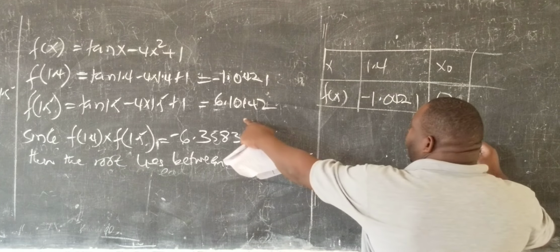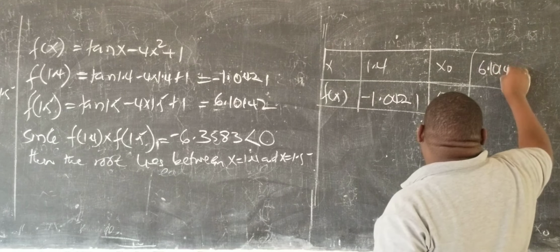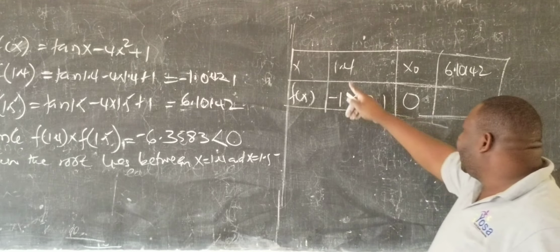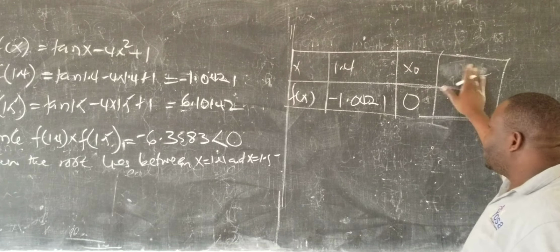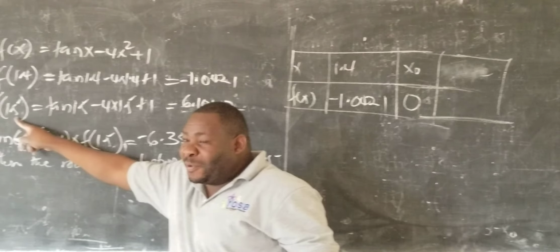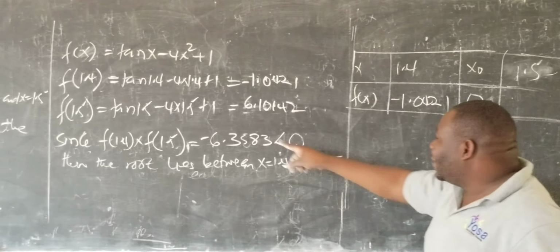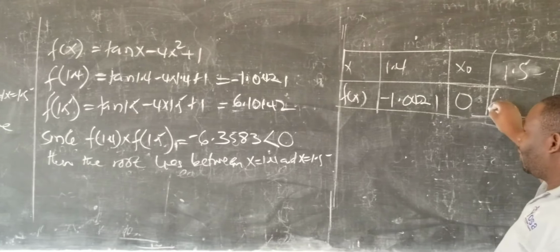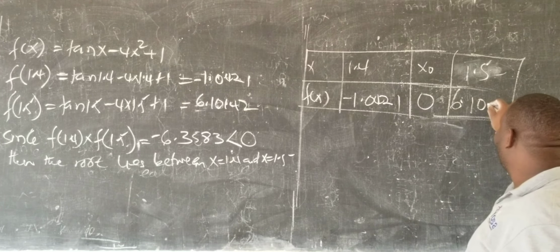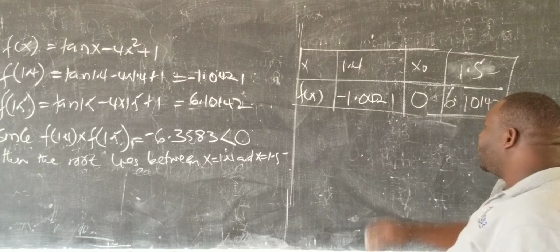When you substitute the upper boundary 1.5, the corresponding value is 6.10142. Those are the corresponding values of f of x.